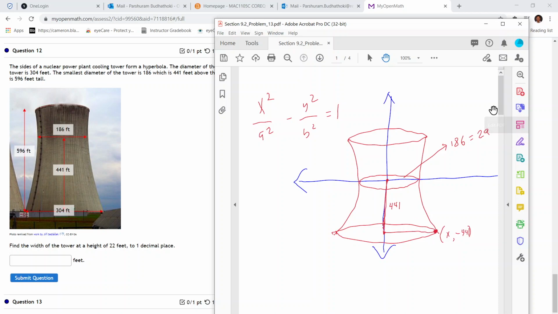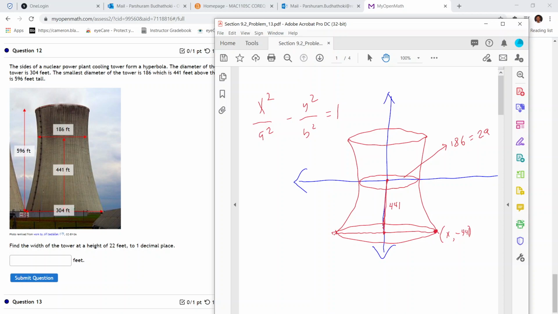Okay, so let's go further and see. We have a given. We need to pick an x coordinate and y coordinate from this hyperbola, so that we can plug those values of x and y here and find the value of b. The diameter of the bottom part is also given, it's 304.